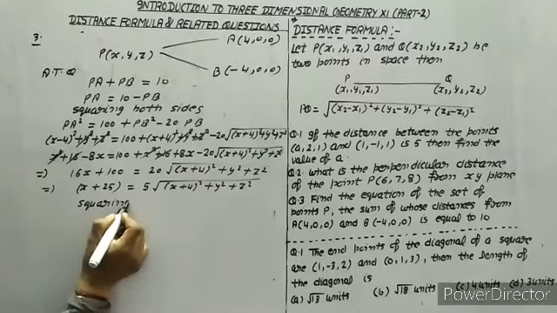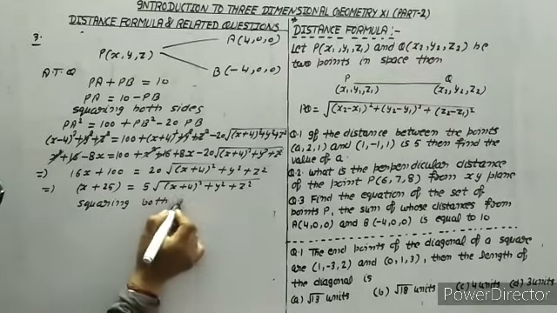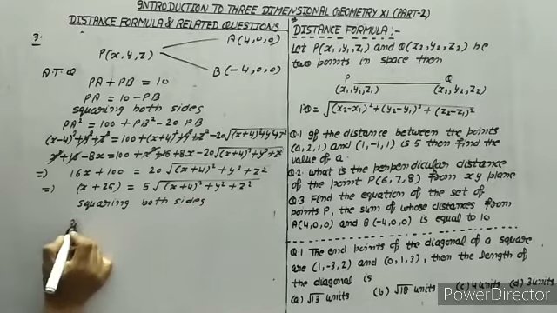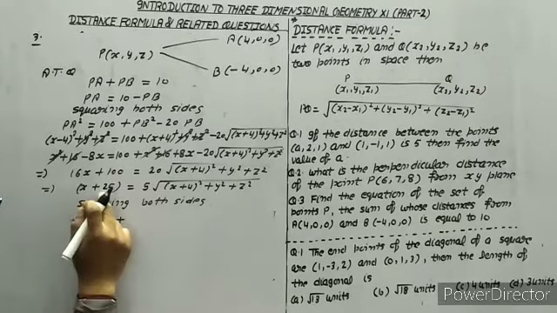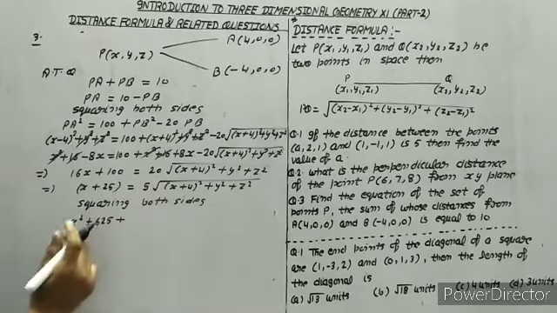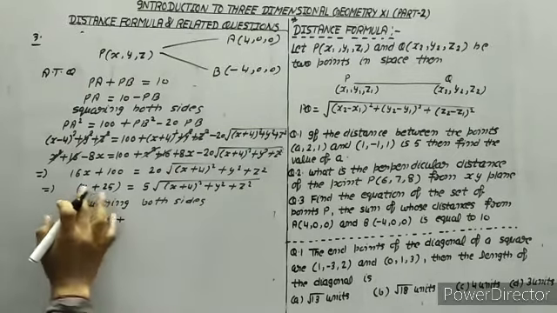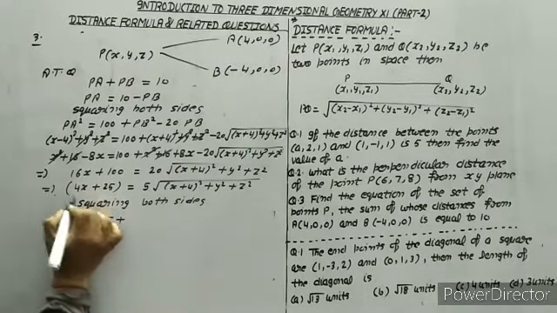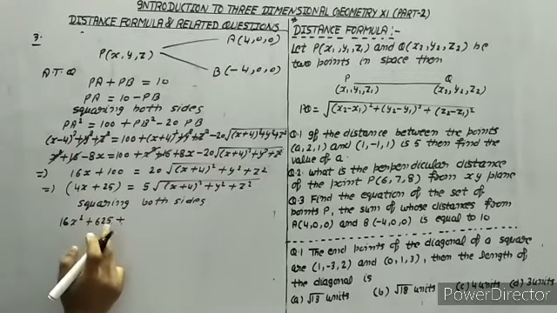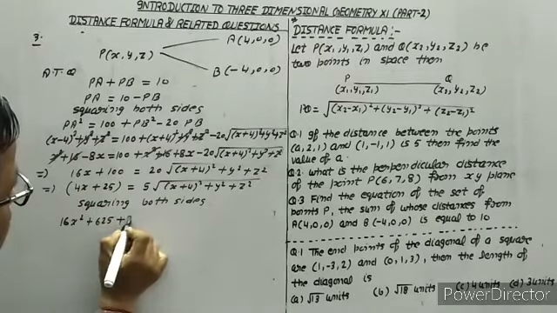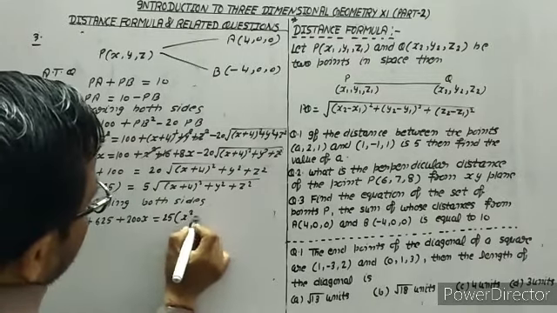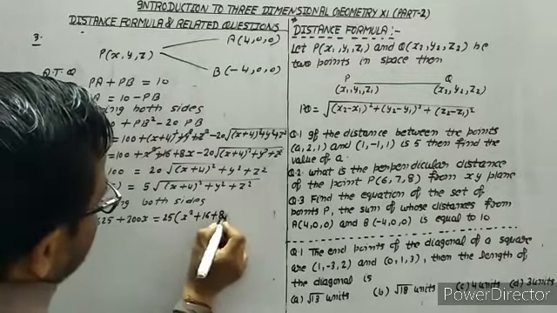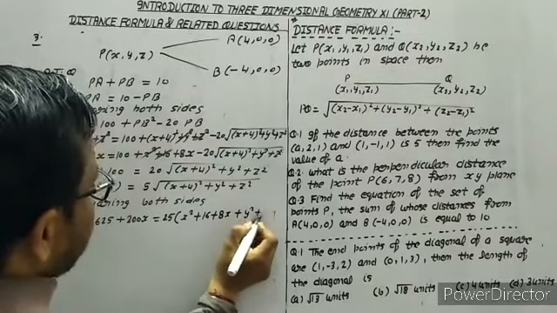Once you do the squaring on both sides, we will have here 16x square plus 625 plus 200x, because here we have the 4x, is equal to 25 times (x square plus 16 plus 8x plus y square plus z square).